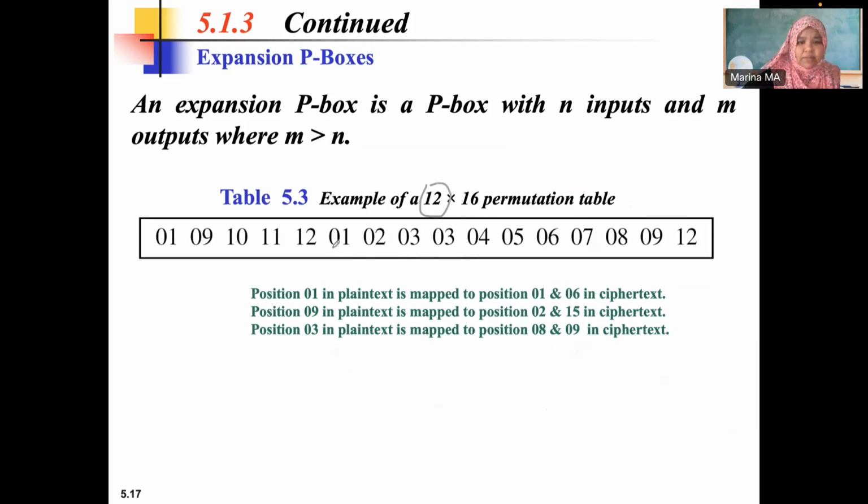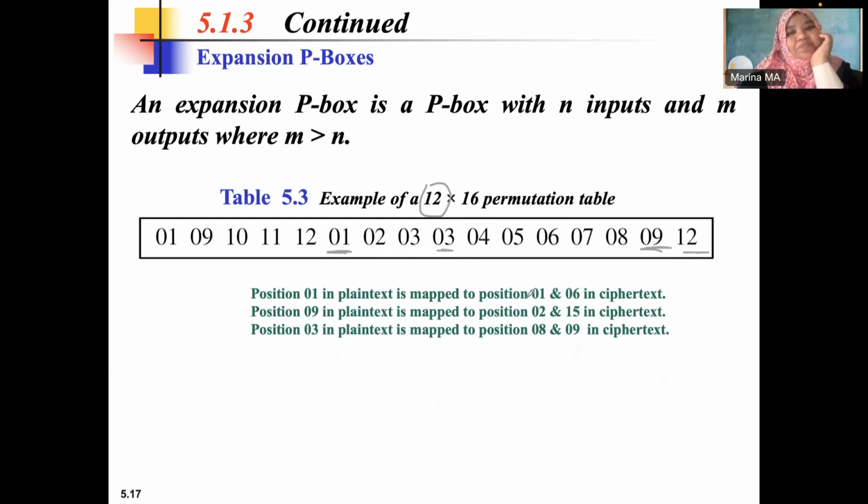So 1 is doubled, this is the second one. 9 also, we have a second 9. Do we have a second 10? No. 11? No. Second 12? Yes, we do. And then 2, 3, 4, 5. Okay, we only have 3. What extra numbers do we have? 1, 9, 12, 3. So these numbers are doubled: 1, 3, 9, 12. That's why from 12, we can have 16 positions in the ciphertext.